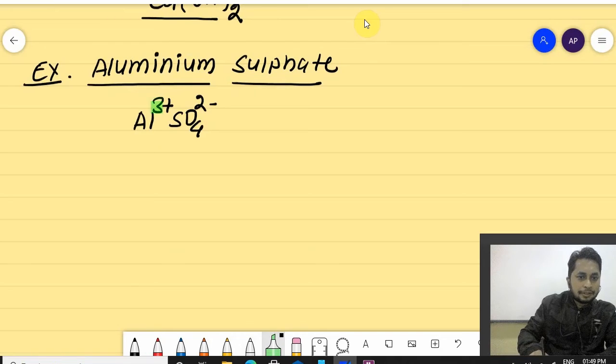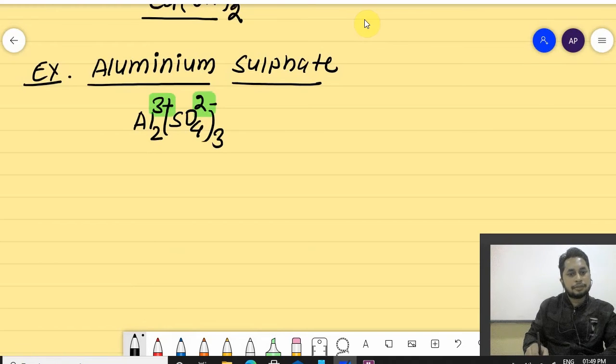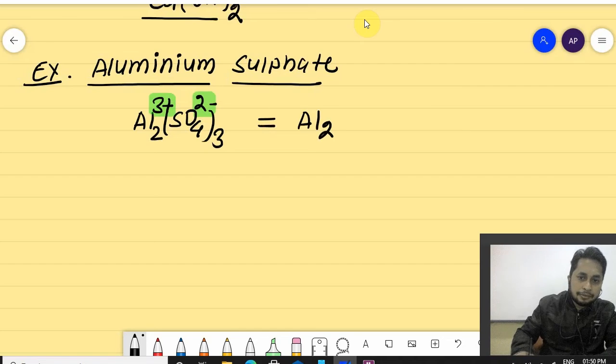Now, with the cation we have triple plus with aluminium, so 3 multiplies sulfate, and with sulfate we have double minus, meaning 2 multiplies aluminium. Sulfate is a polyatomic ion, so this 3 will be multiplied in sulfate with a bracket. So the formula will be Al2(SO4) whole thrice, Al2(SO4)3.